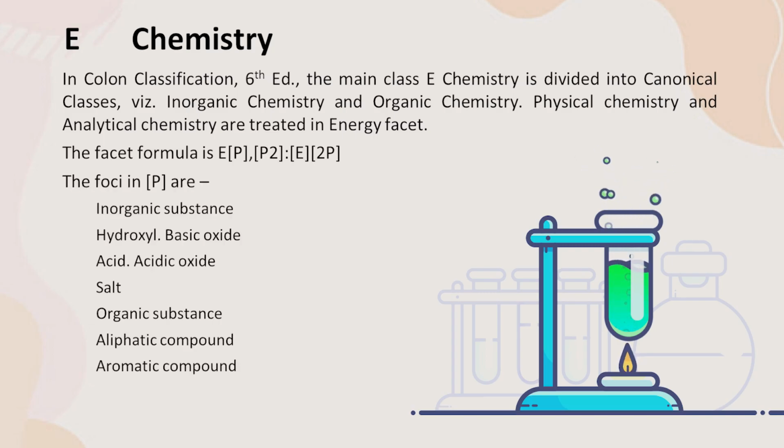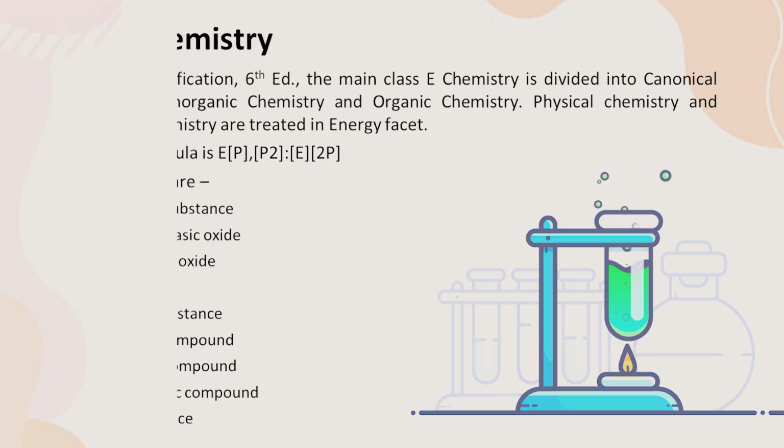The facet formula for the main class chemistry is capital E, then P, P2, then colon E, then comes the second round of personality facet. The foci in the personality facet are inorganic substances, hydroxyl, basic oxide, acid, acidic oxide, salt, organic substance, aliphatic compound, aromatic compound, heterocyclic compound, biosubstances.